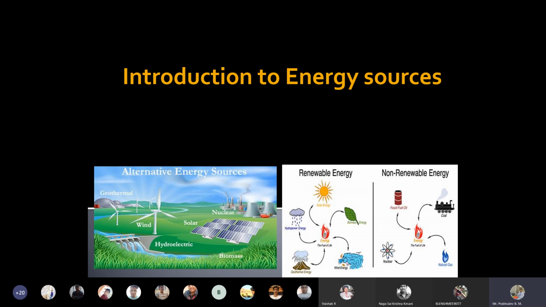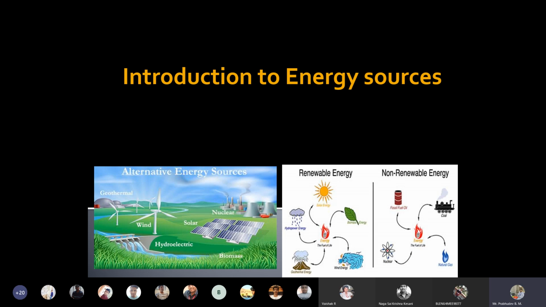On the screen, you can see that wind energy is there, hydroelectric energy is there. In the first slide itself, you can see biomass energy is there. Then nuclear power is also there. Solar power is there. Then geothermal is also there. So these are some of the energy sources.